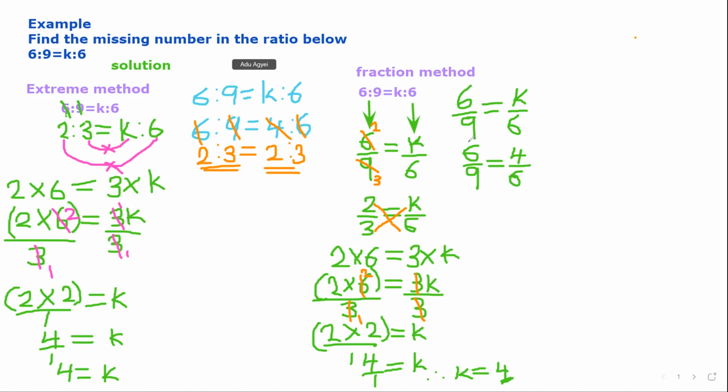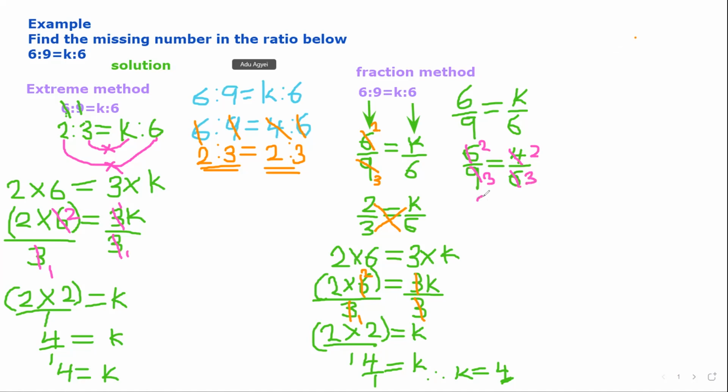Now, 3 goes here, 2, and 3 also goes here, 3. Then when you come to this side, 2 goes here, 2, and 2 also cancels 6, 3.